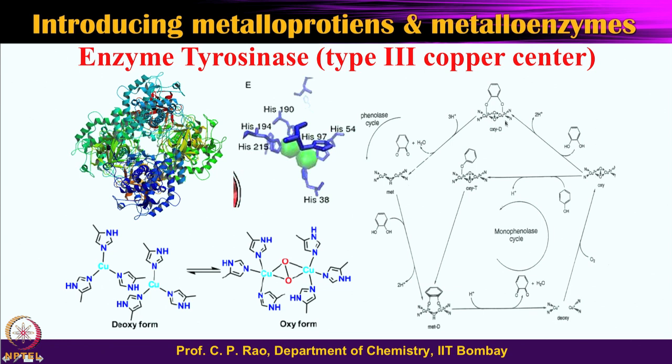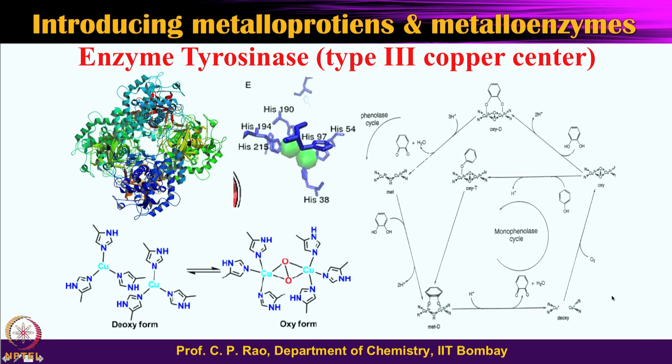That means one more oxygen of the O2 is still left over, and that is what you see as a bridge species, and this form of the enzyme is still active and can bind one more mole of the catechol.